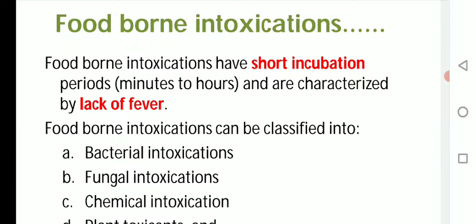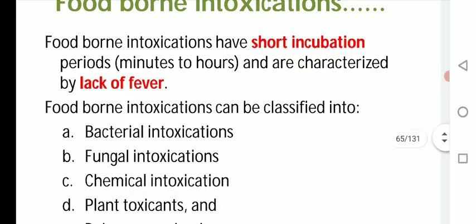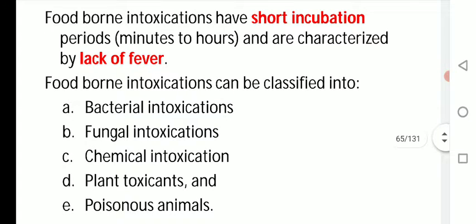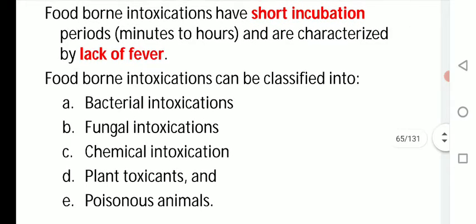So, foodborne intoxications have short incubation periods, from minutes to hours. These are very rapid in their symptoms, which may manifest within a few minutes to hours and are characterized by lack of fever. Foodborne intoxications are classified into bacterial intoxications, then fungal intoxications, then chemical intoxications, plant toxicants and poisonous animals.